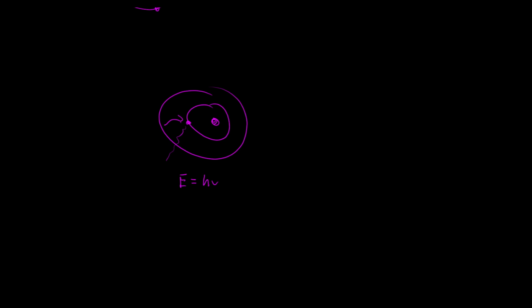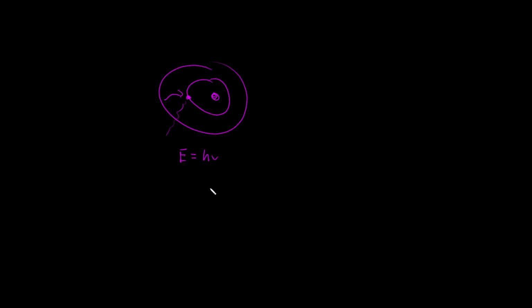Okay, so there's 2 equations that are given on the formula sheet, E equals HV and also C is equal to lambda V. And they're pretty simple to use, right?